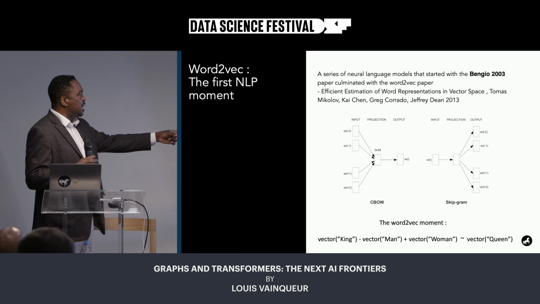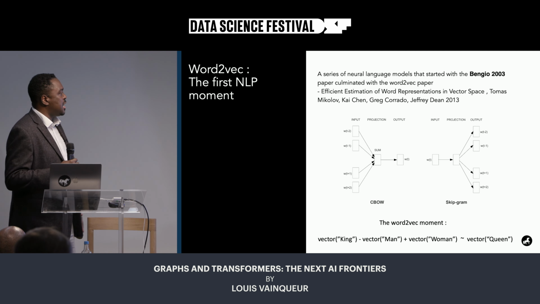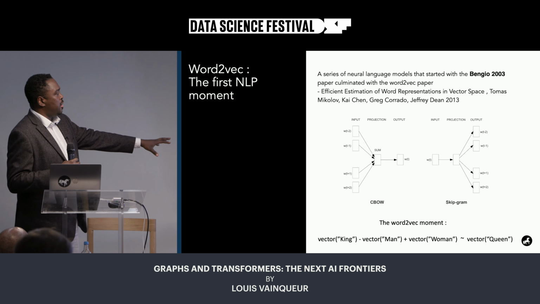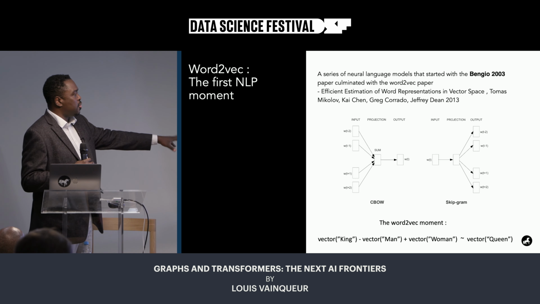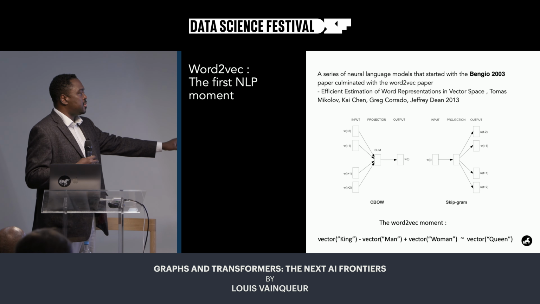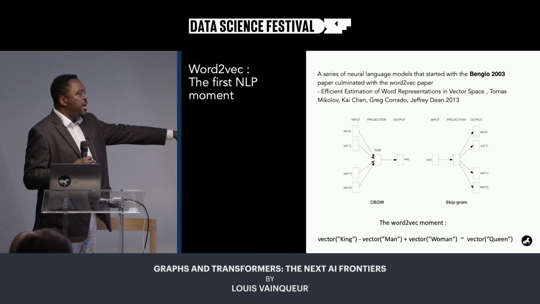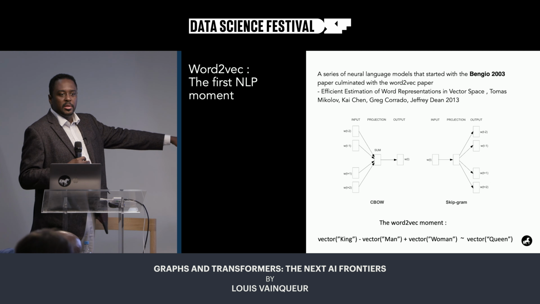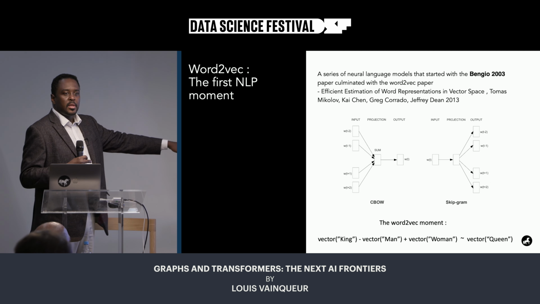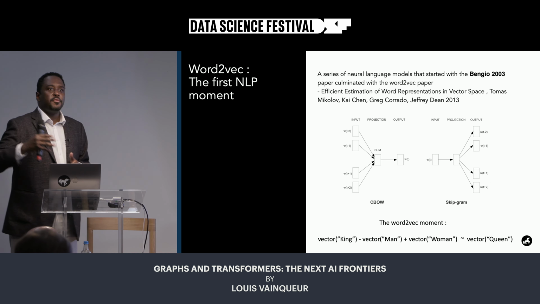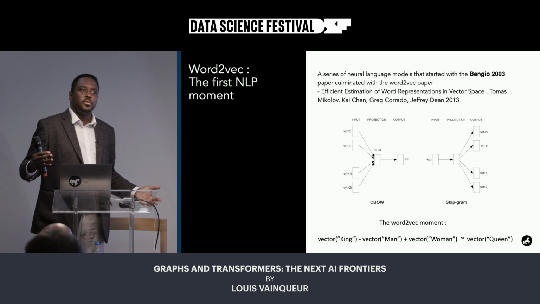When you see the equation further down, when you use the vector for the word king, remove the word man and add the word woman, the resulting vector was very close to the vector of queen, which makes sense from the semantic space to the mathematical space.